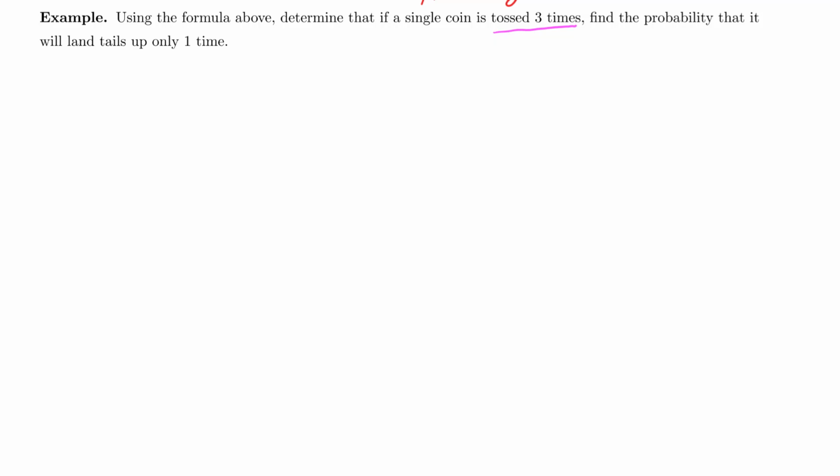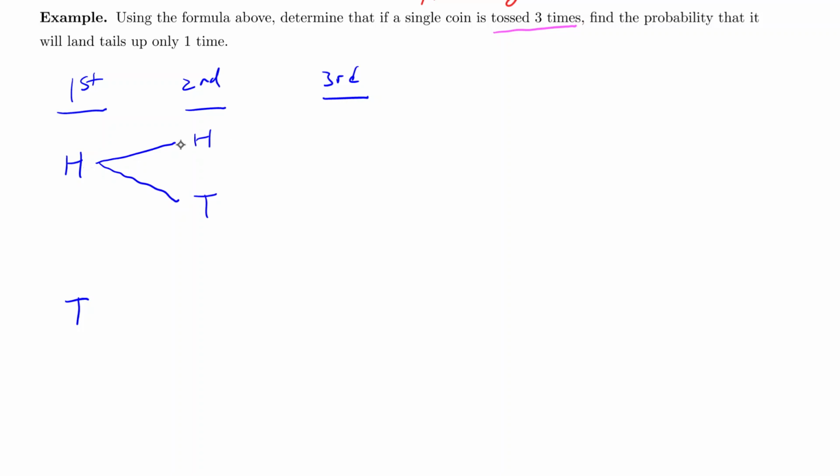So let's list them. Let me organize it this way. For the first coin toss, it will be either heads or tails. So we have 2 possible outcomes for the first coin toss. Let's say I get heads up first. Then for the second, I can get another head, or I can get tail.